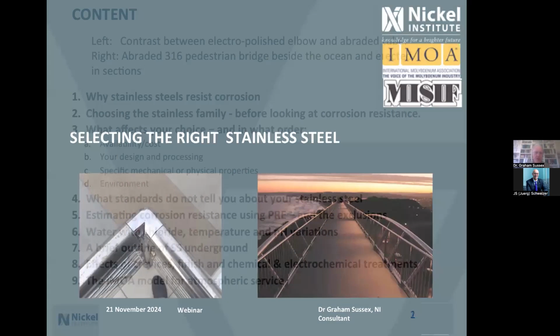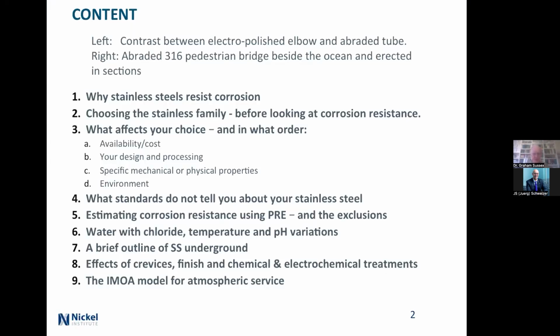Okay, what I'm going to be talking about is why stainless steels resist corrosion, picking out the family that you're going to be using before you look at the corrosion resistance, and then what's going to affect your choice. I've written down an order there, but that often isn't the order that people do it in. Anyway, those 4 factors. Then what standards don't tell you about your stainless steel, as in when they really don't help, for instance if you're going to be drilling or bending, and estimating corrosion resistance using pitting resistance equivalent, and when that doesn't work.